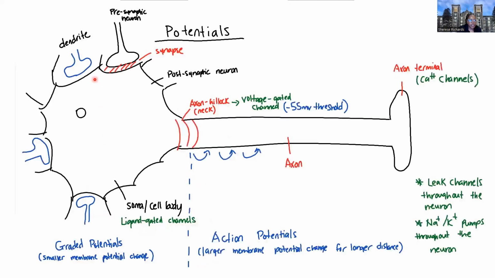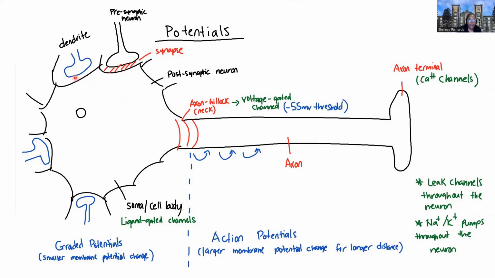And then I just want to bring back this drawing from last time, just to recap some of this. So here's our presynaptic neuron. Here's the axon terminal. We're going to release neurotransmitter here. It's going to bind to ligand-gated channels that are located on the soma. And then when those ligand-gated channels open up, ions are going to begin to flow.